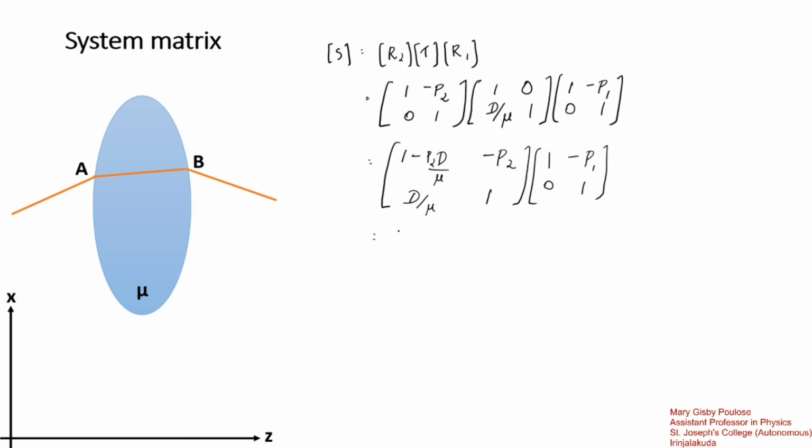Again, this can be written as system matrix will be given as 1 minus P2 d by mu.